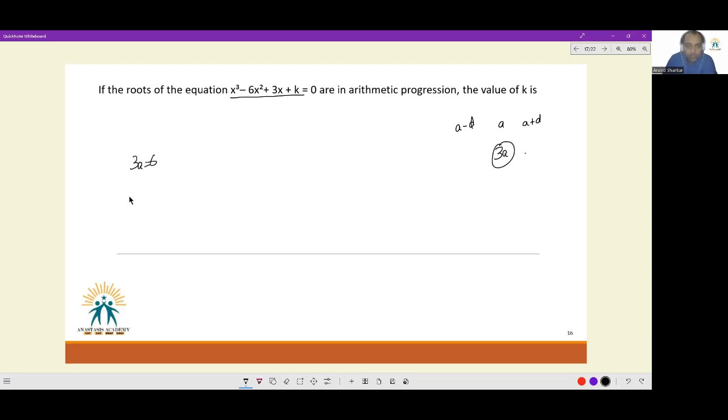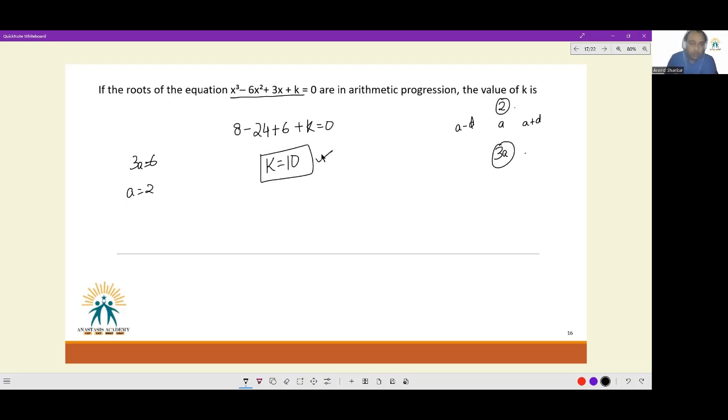So 3a is 6, or one of the roots is 2. As soon as one of the roots is 2, when I put 2 in this equation, I should get a result of 0. So let me just go ahead and put it. 8 minus 24 plus 6 plus k is equal to 0, or this gives me k is equal to 10. Our work is done.